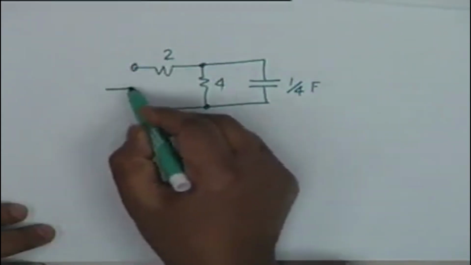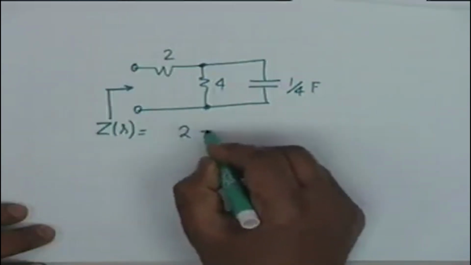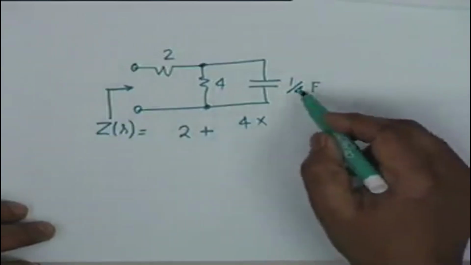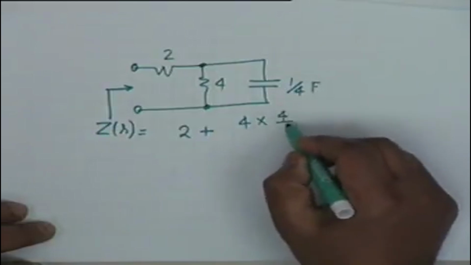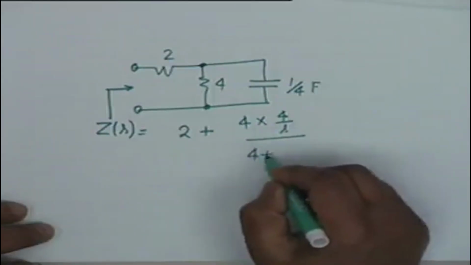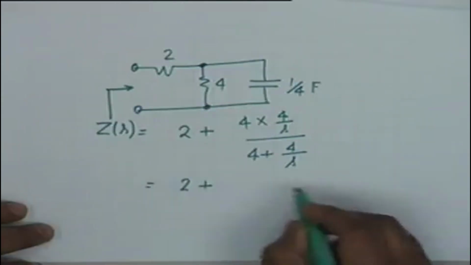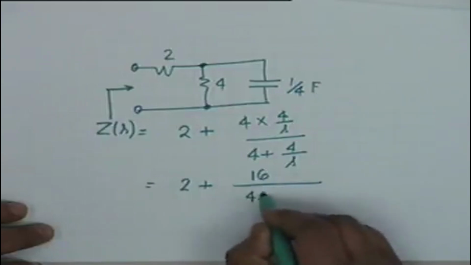We are calculating the impedance Z of S. Obviously this is 2 plus 4 multiplied by the impedance of the capacitor, 4 by S, divided by 4 plus 4 by S. I simplify this: 2 plus 16 divided by 4S plus 4.